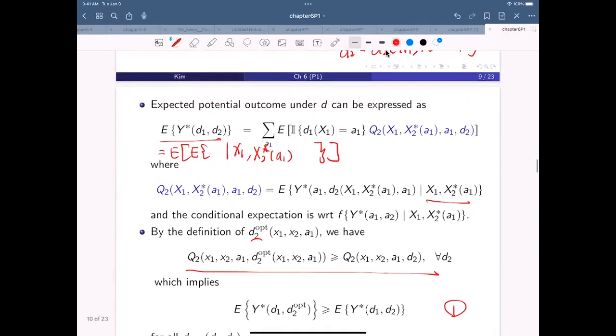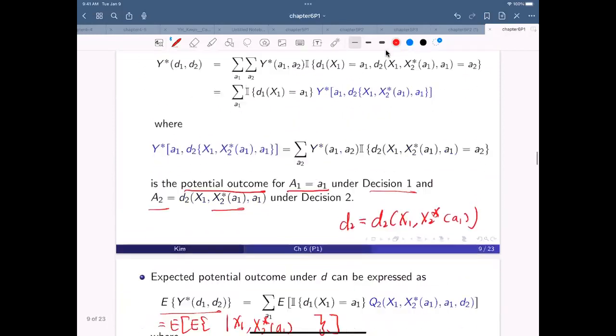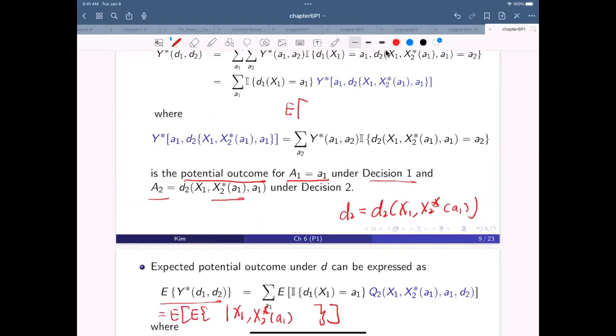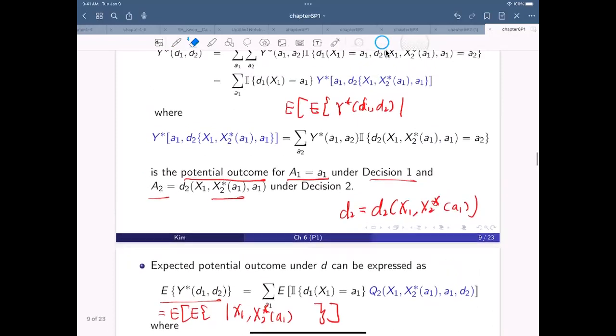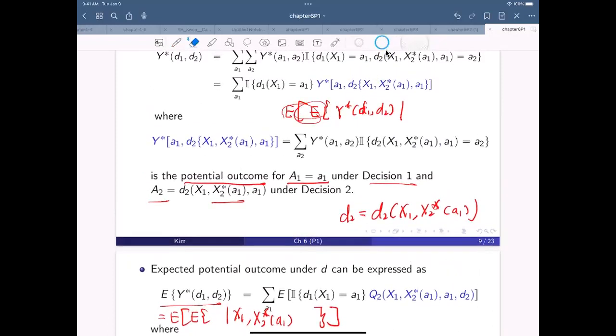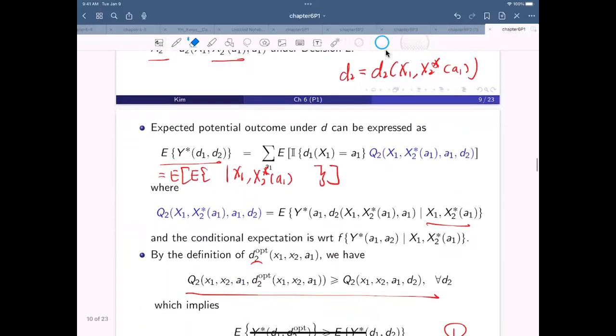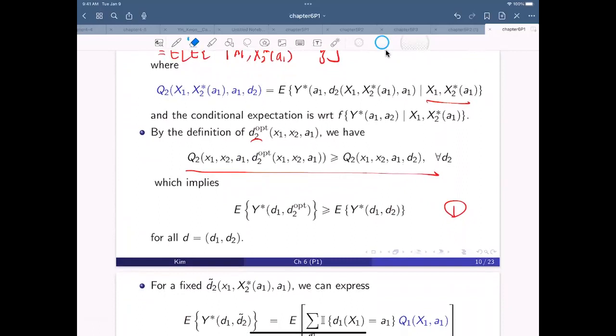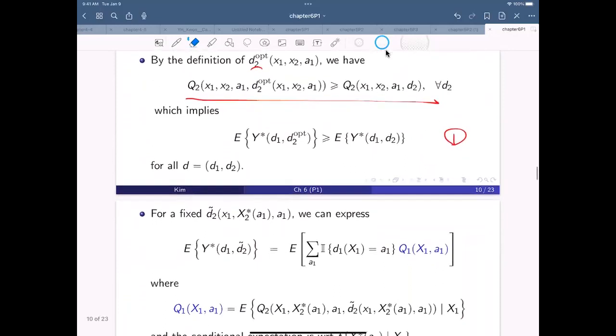I see. So how are you thinking? You are thinking of taking the conditional expectation of D1, D2, given. You cannot really achieve the optimum.